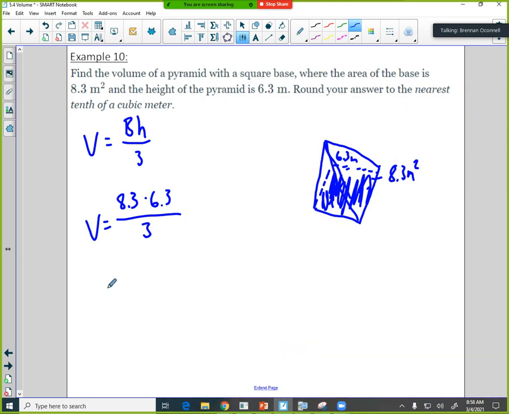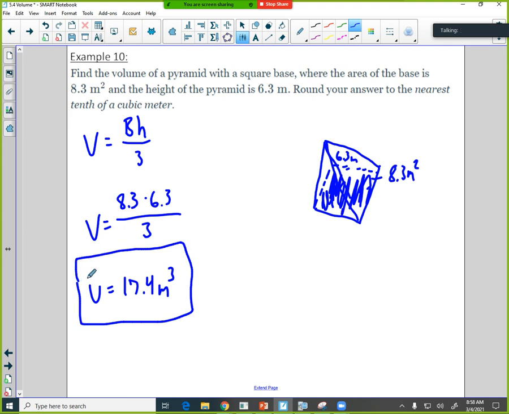So V, and then we're in cubic meters. Right. So on this one, again, just like the other ones, it's important to pay attention to what they gave you.